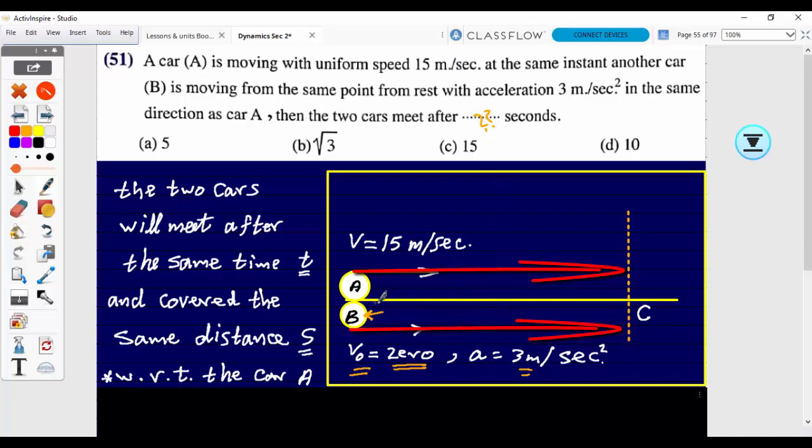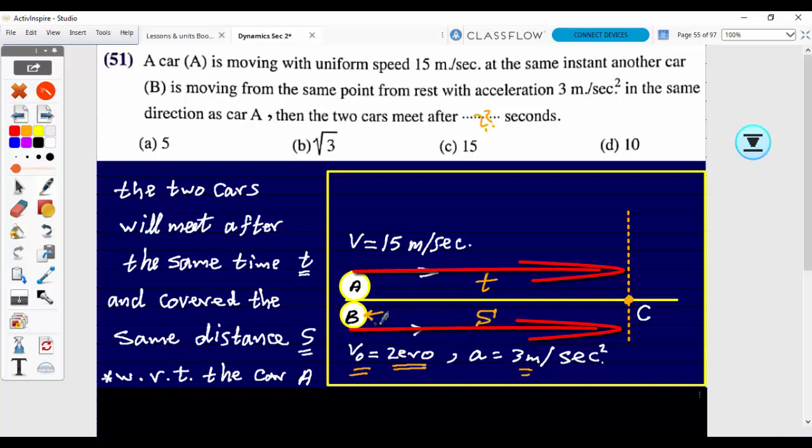Here the two cars will move in the same direction. Of course, they will meet after the same time t, and they will meet at the same point. So they will cover the same distance s. With respect to the first car, its time to reach the point c is t, and the distance will be s.